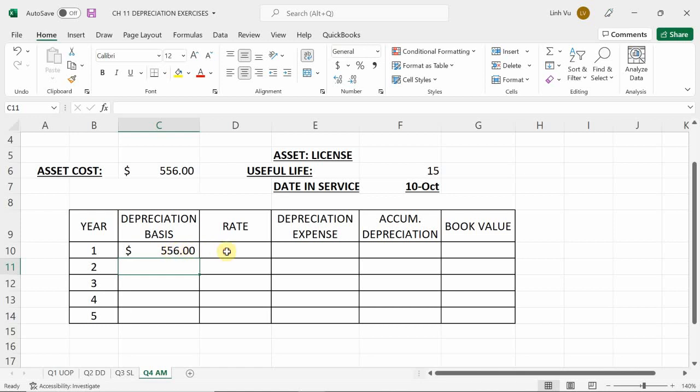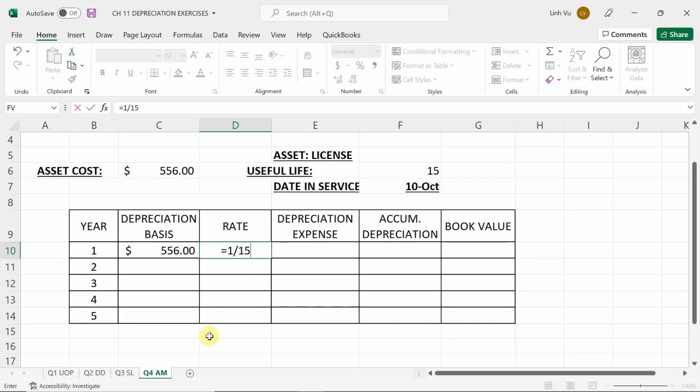What's my rate? One divided by 15. You should get 0.06666666.